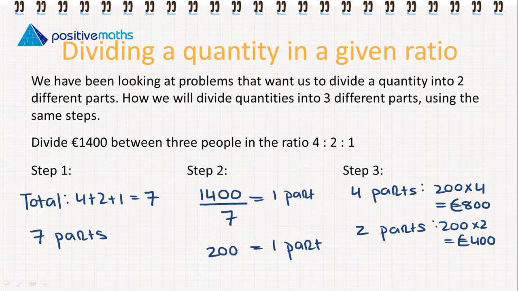So they're going to get €400. And the third person is going to get 1 part of the money. So this is just going to be 200 multiplied by 1. So they're going to get €200. And again, we can see if we add our 800 plus 400 plus 200, we will get our total of €1,400.